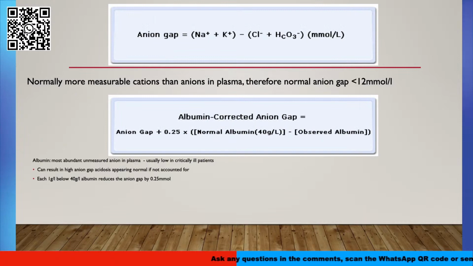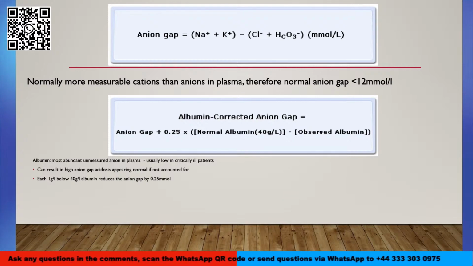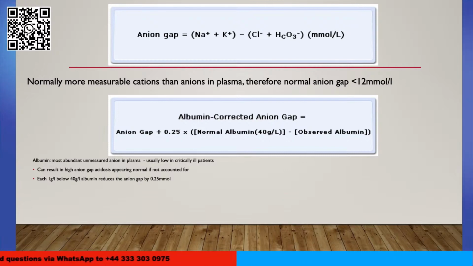You can calculate the anion gap by adding the sodium and potassium and subtracting the chloride and bicarbonate. There are normally more measurable cations than anions in plasma, and therefore your normal anion gap is usually less than 12 millimoles per litre. It's important to note that when you're doing gases in critically ill patients, their albumin is often low, and albumin is the most abundant unmeasured anion in plasma.